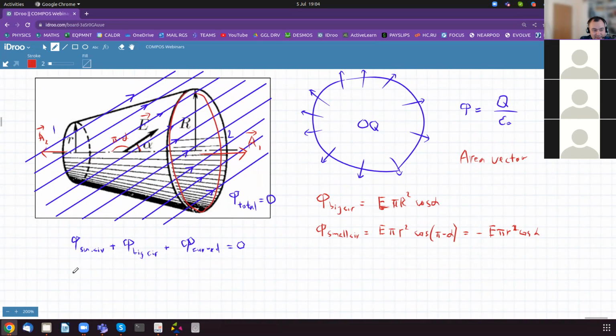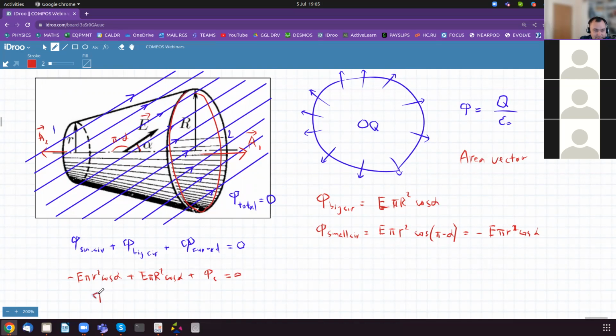Actually, we've done everything. So we know the flux through the small surface is minus E pi r squared cos alpha, plus E pi r squared cos alpha, plus phi curved, the thing that we're looking for, is equal to 0.